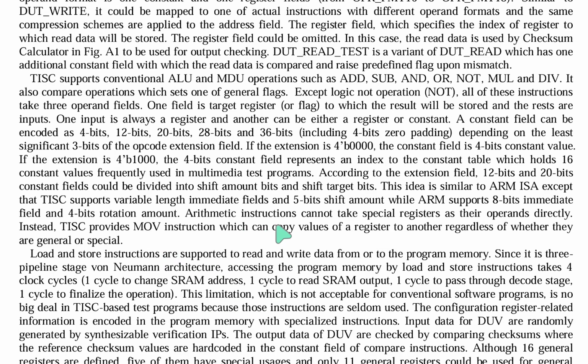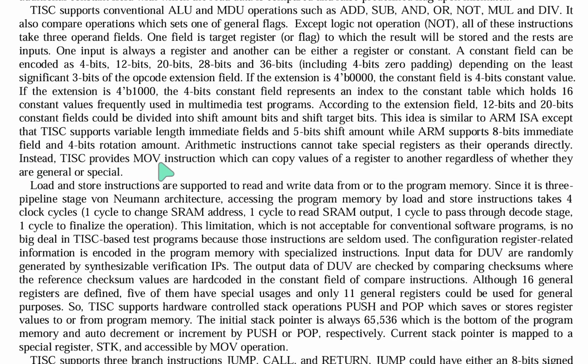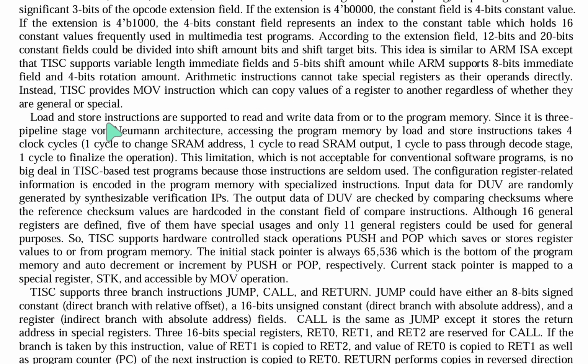Arithmetic instructions cannot take special registers as their operands directly. Instead, TISC provides a MOV instruction which can copy the value of a register to another regardless of whether they are general or special. Load and store instructions are supported to read or write data from or to the program memory.